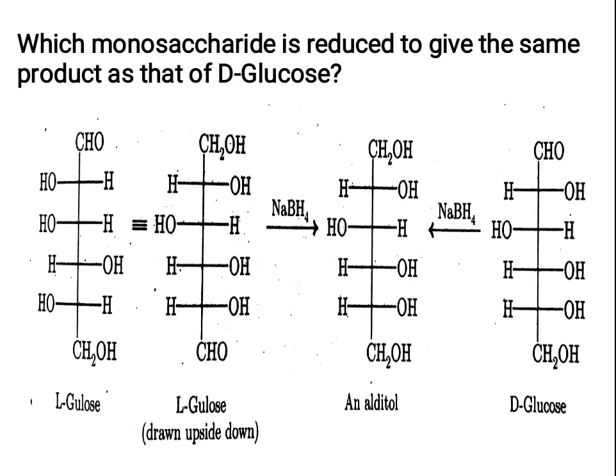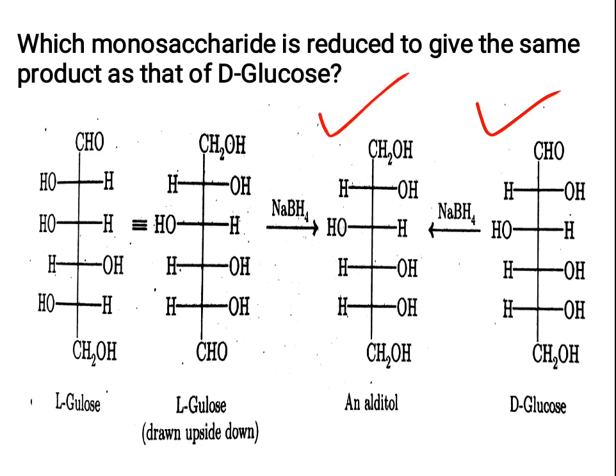Which monosaccharide is reduced to give the same product as that of D-glucose? You have the structure of D-glucose, so you know the alditol structure, the glucitol.